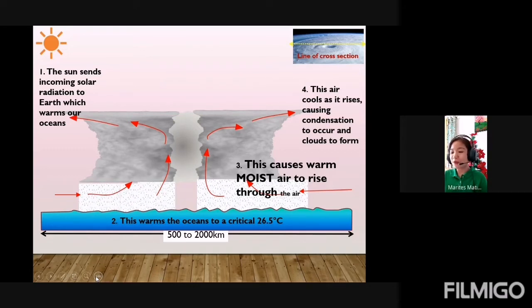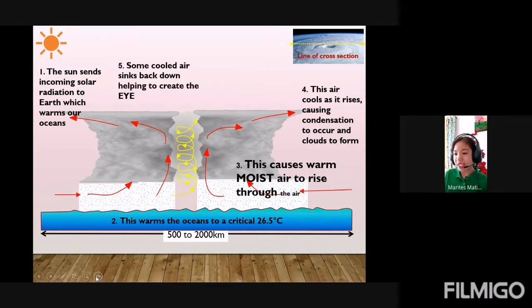Yan. So that's our fourth step. So what's the next step? Ayan. Some cold air sinks back down, helping to create the eye. Ayan. So yung pinakagitna natin, that's the eye of the typhoon. Okay?